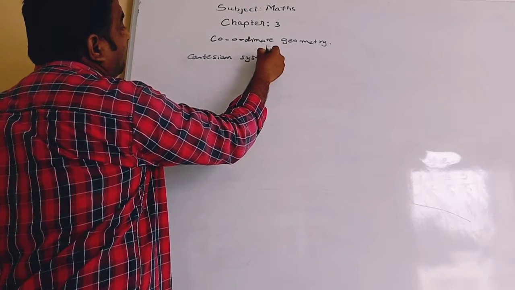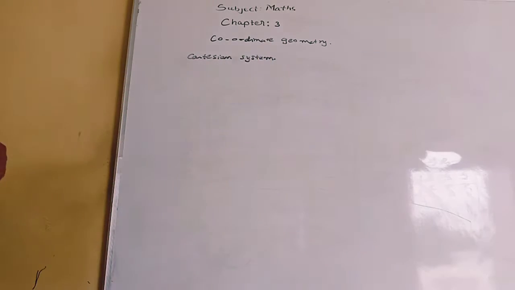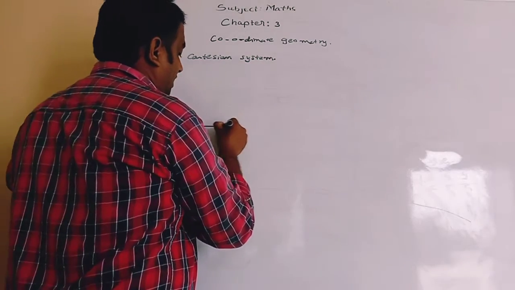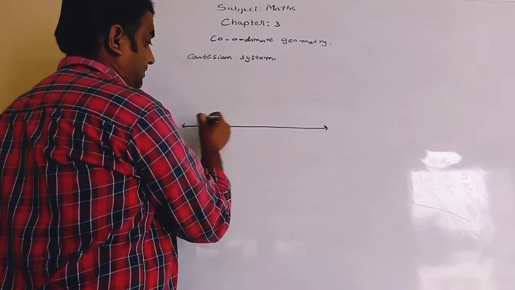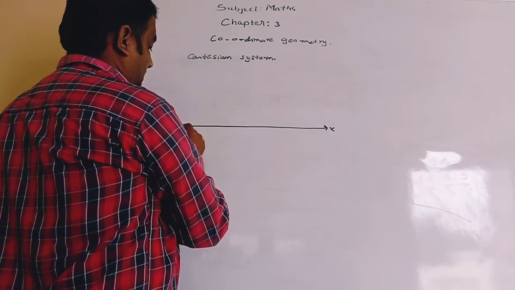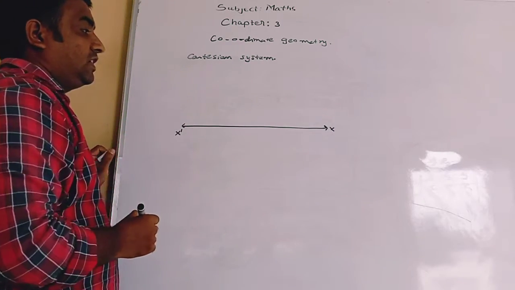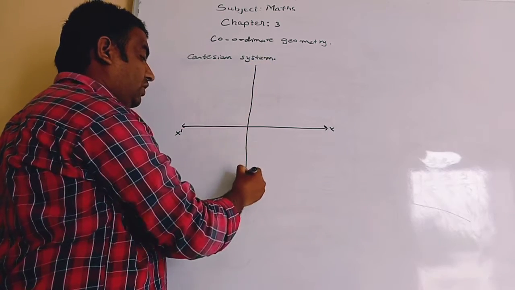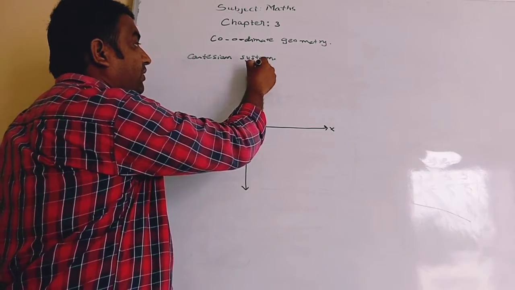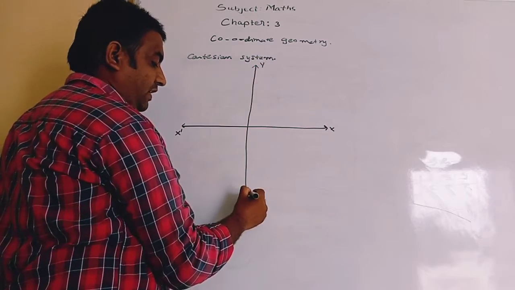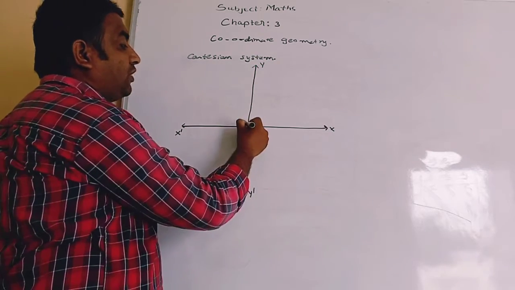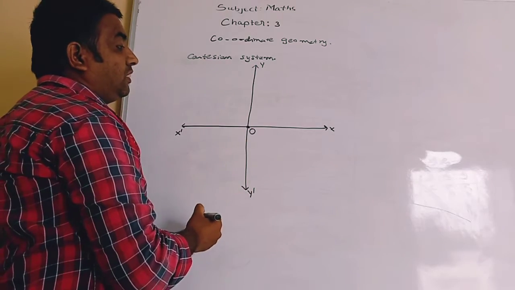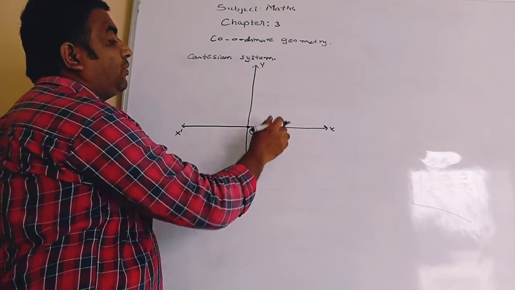To locate a number, he used two types of lines: one horizontal line, x dash, and one vertical line, y dash, which is perpendicular to the horizontal line, such that they intersect each other at the origin O. Then the plane is divided into four parts.